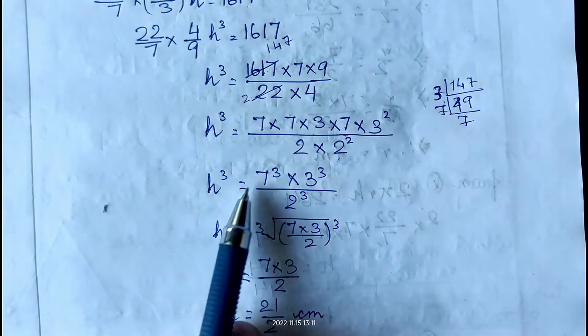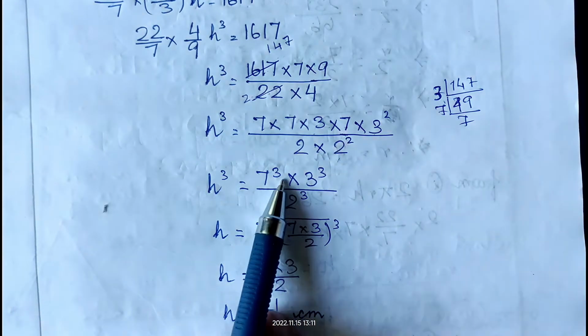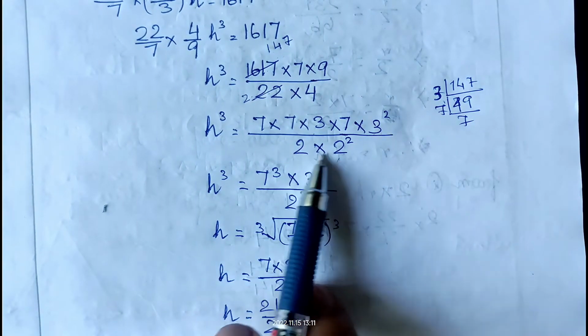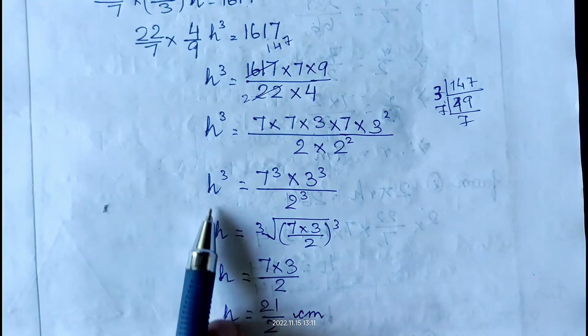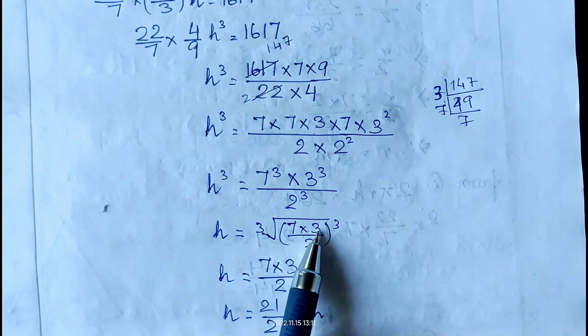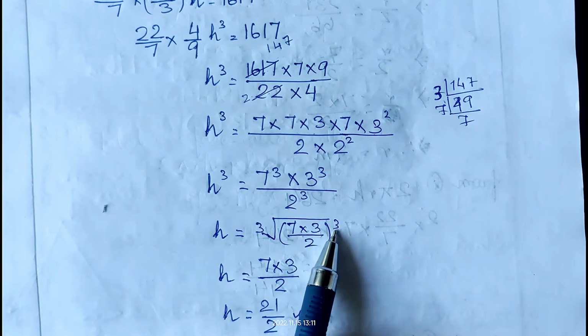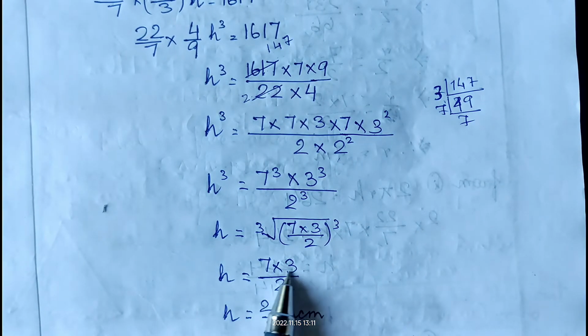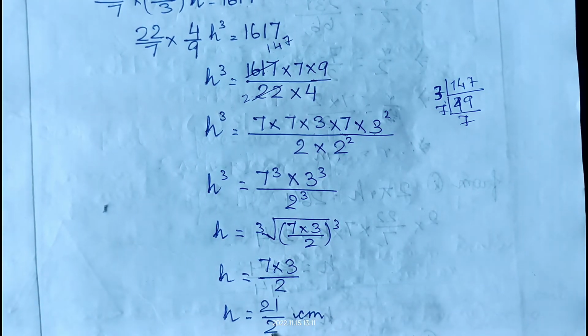So H cube equals 7 into 7 into 7, 7 cube into 3 cube divided by 2 cube. Therefore H will be the cube root of 7 into 3 by 2 whole cube. The 3 and cube root will cancel. So we are left with H equals 7 into 3 by 2. 3 7s are 21. So it will be 21 by 2 centimeter.